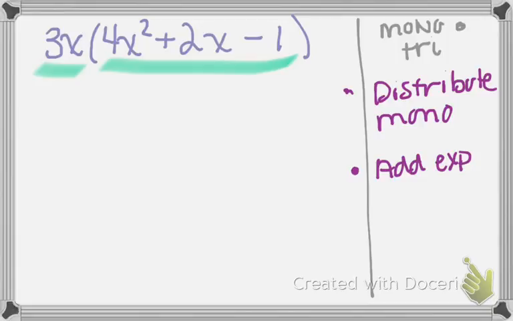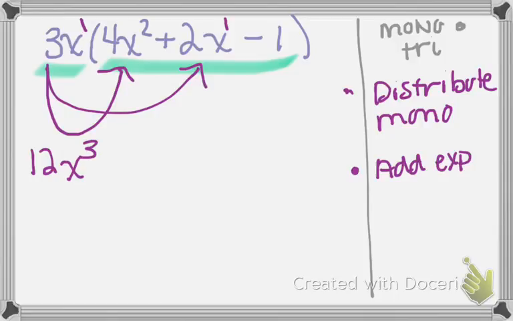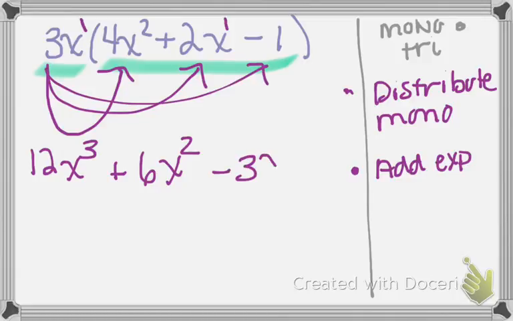If you need to, you can put a 1 here and a 1 here to help you. So I have 3x times 4x squared. That gives me 12x cubed because I'm adding those exponents. 3x times 2x gives me 6x squared, again adding those exponents. And then 3x times negative 1 gives me negative 3x.